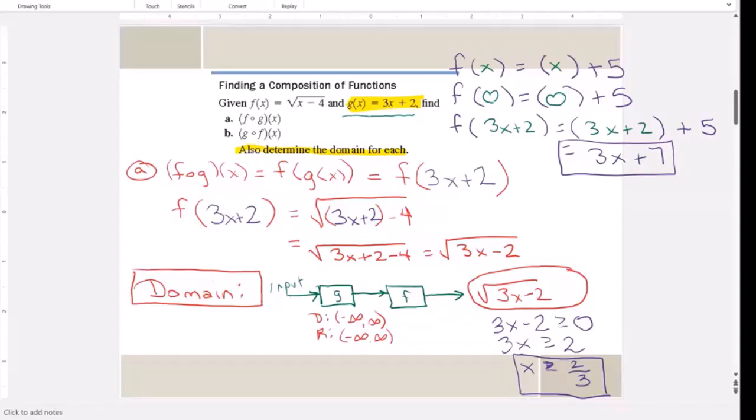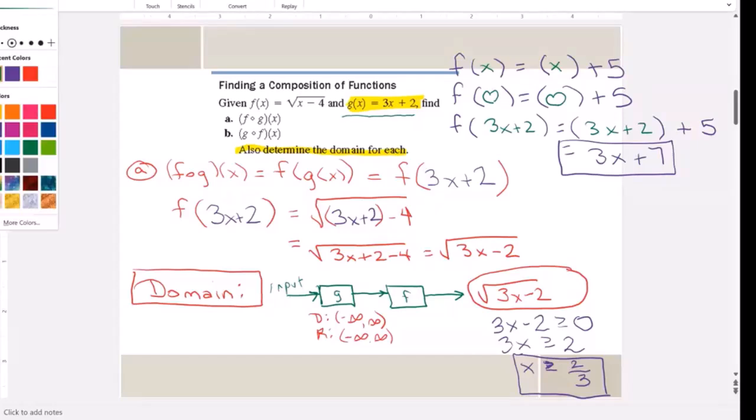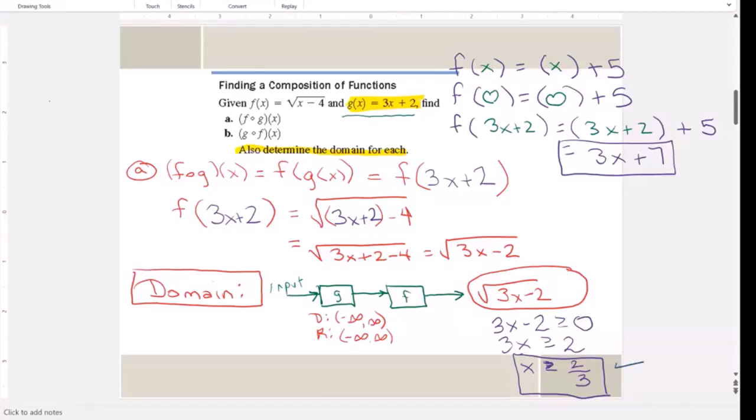For example, let's see, let's get a new color. Oh, let's use blue. So let's say I don't listen to this domain, okay? Because, so now the domain of the entire function, let me write that.